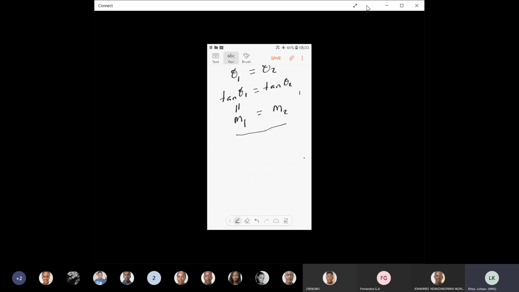Then we can also look at perpendicular lines. I'm sure you know that two lines are perpendicular if and only if the product of their gradients is equal to -1. But now the question is, where does that formula come from? So you can draw a sketch.